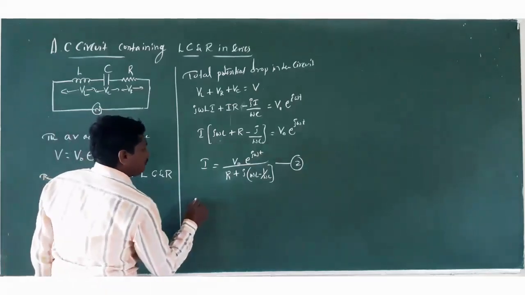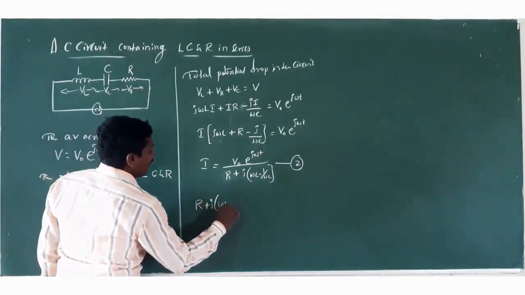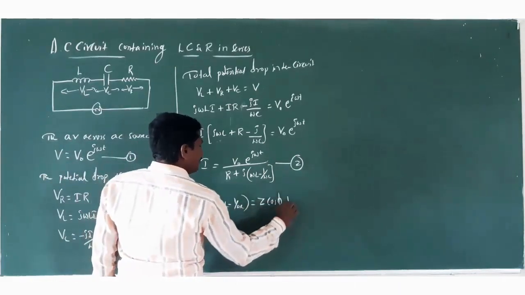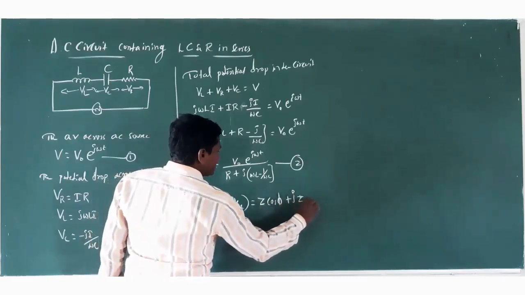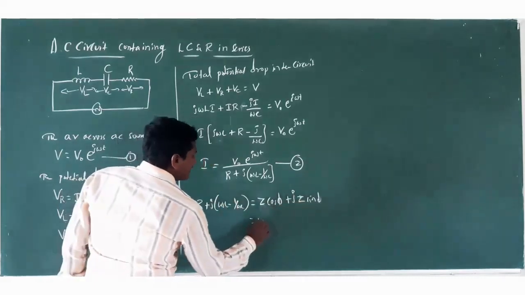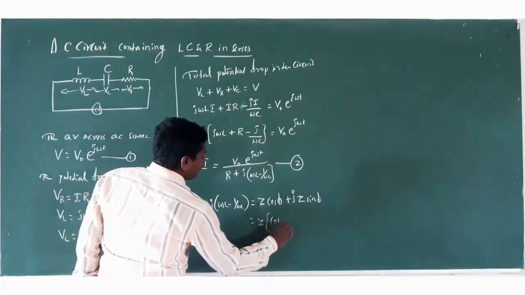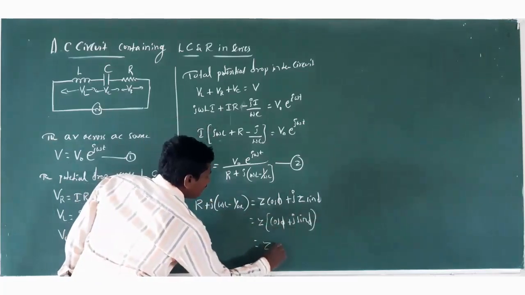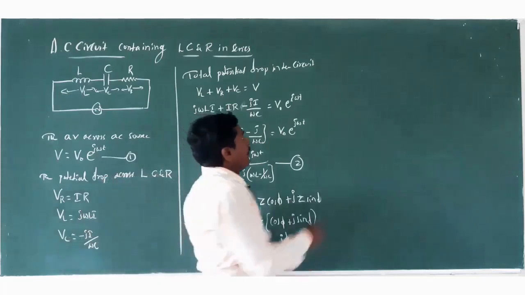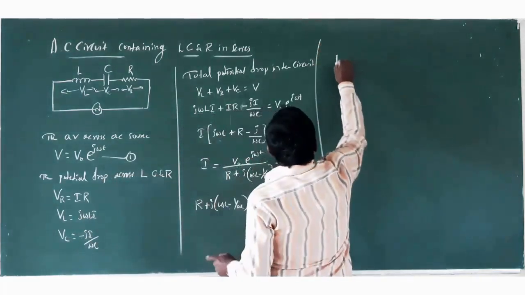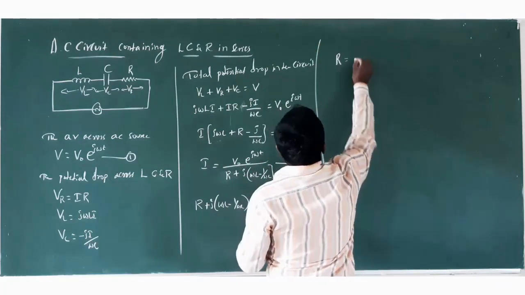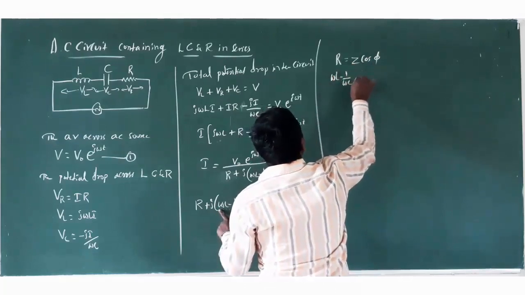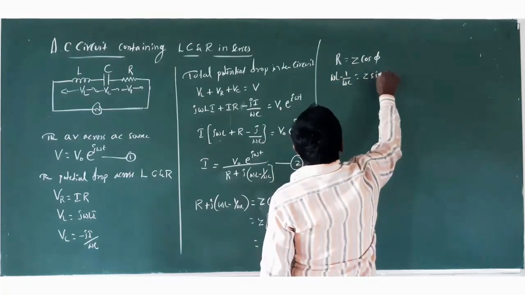We know that R plus j into omega L minus 1 divided by omega c is equal to z cos phi plus j into z sin phi. Now z into cos phi plus j sin phi, we have to consider as z into e raised to j phi. And we know the value of R, where R is equal to z cos phi, and omega L minus 1 divided by omega c is equal to z sin phi.